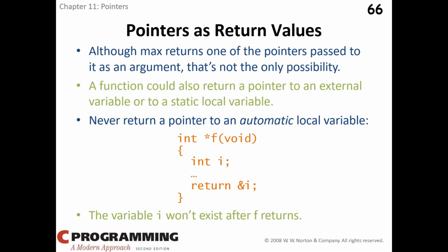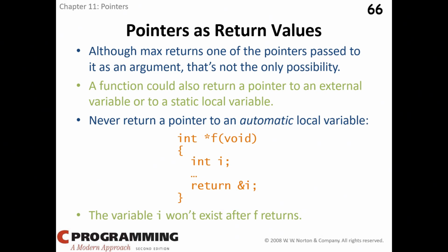And consider the max function we just discussed, which returns one of the pointers passed to it as an argument. However, this is not the only scenario. A function could also return a pointer to an external variable or to a static local variable. However, it's crucial to avoid returning a pointer to an automatic local variable within a function.